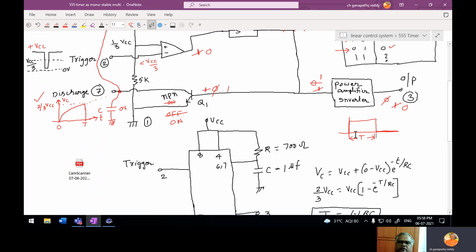Approximately, this waveform is the trigger waveform. As and when we give a trigger, it will come to 0. Then the voltage across the capacitor increases exponentially. This is an exponential graph, not a straight line.